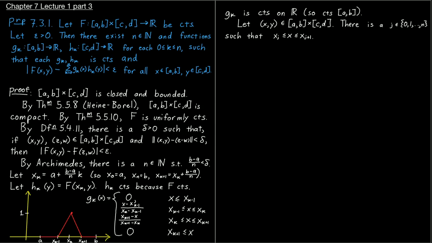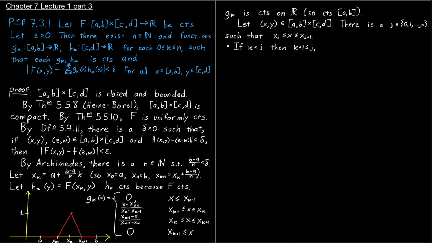And now let's think about what the g_k's are doing. First off, let's notice that if k is less than j, then because k and j are both integers, k plus 1 is less than or equal to j.